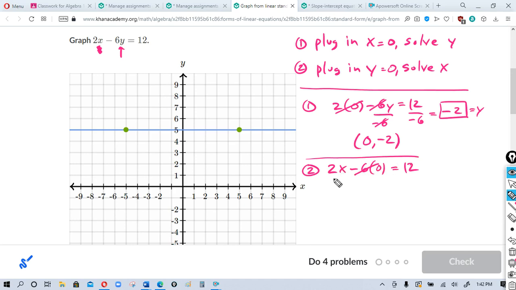All right, x times 2, the opposite is dividing by 2. So 2 over 2 is gone. And x equals 12 divided by 2, which is just 6. So when we plugged in y equals 0, we got x equals 6. So it's 6, comma, 0. So we're going to do this point and this point, and then you'll have a line.